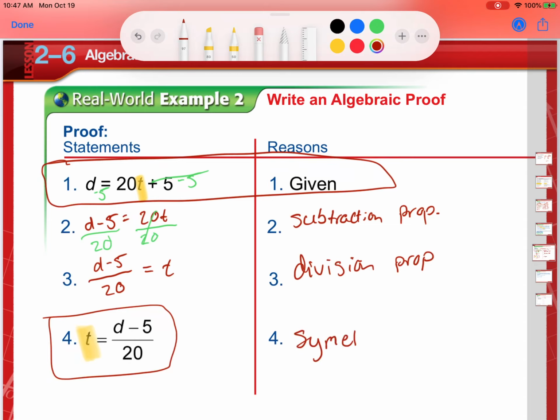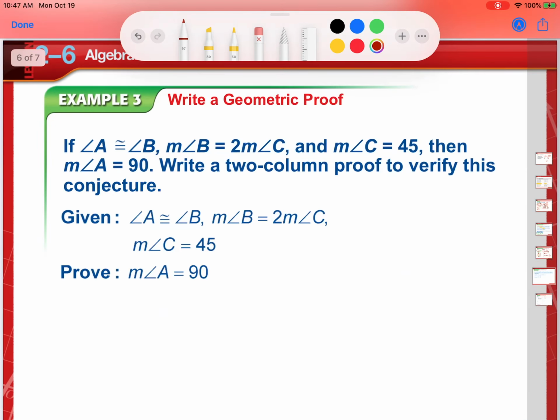So I'm going to say symmetric property of equality. All right, and that's it. That's my second proof.